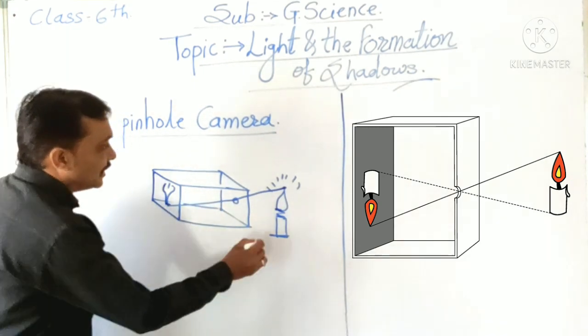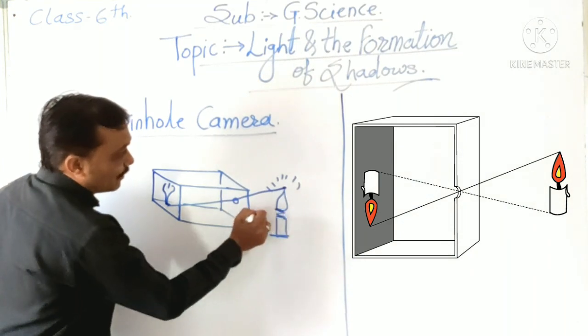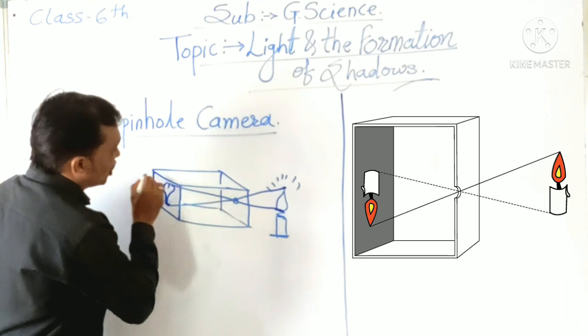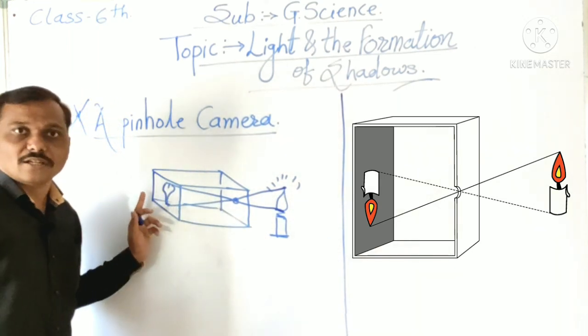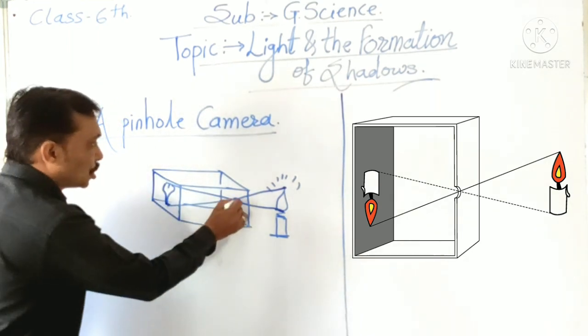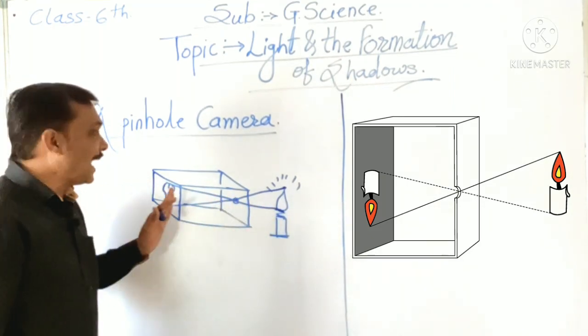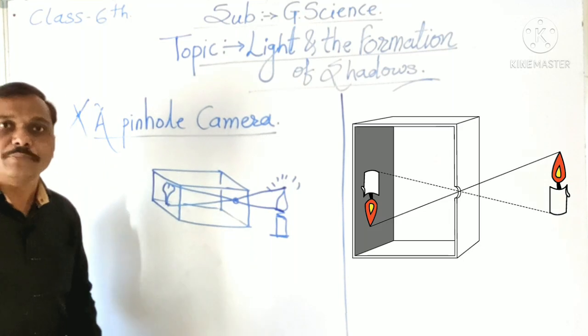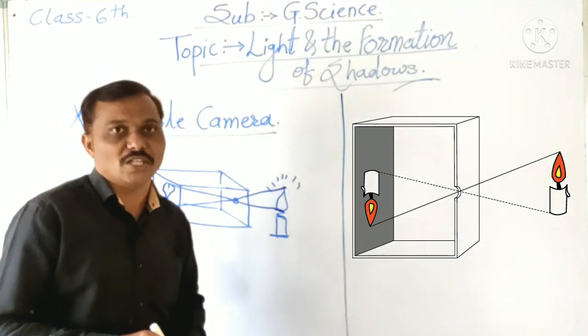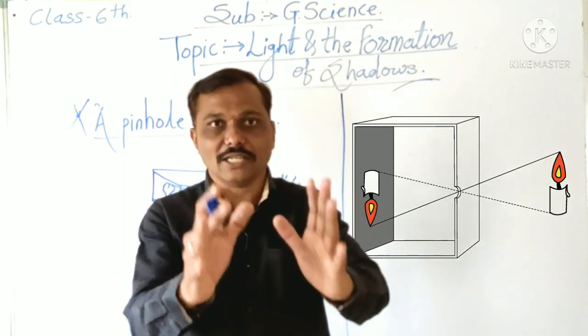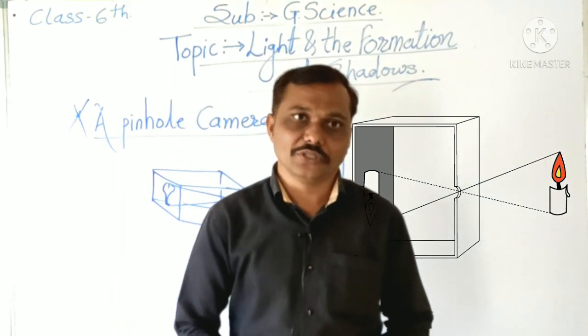The bottom rays of the flame of the candle go through the pinhole and fall on the top of the diaphragm. So through this pinhole the rays travel in a straight line, and that is why we see an image on the diaphragm that is inverted. That only happens because light travels in a straight line.